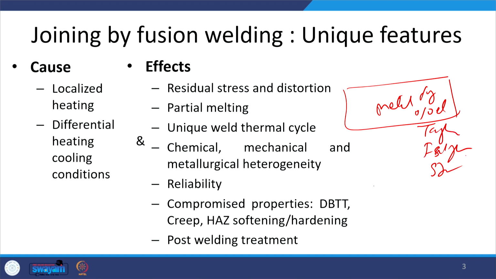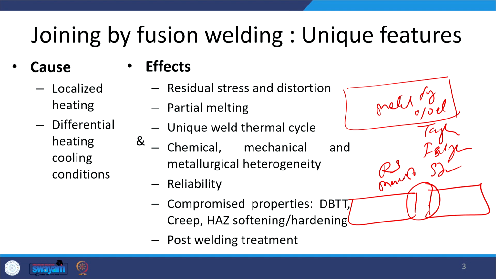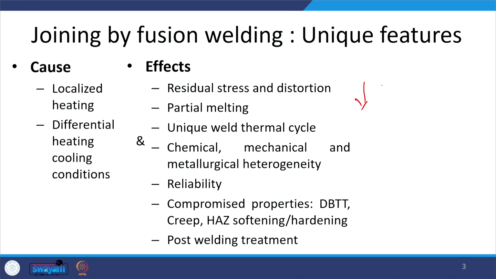But when we develop a weld joint of the same metal, because of the development of residual stresses, microstructural or metallurgical heterogeneities, the cast structure, and notches in the form of the weld toe or defects like cracks and porosity, these factors in turn lead to a reduction in the mechanical and corrosion performance of the weld joint.